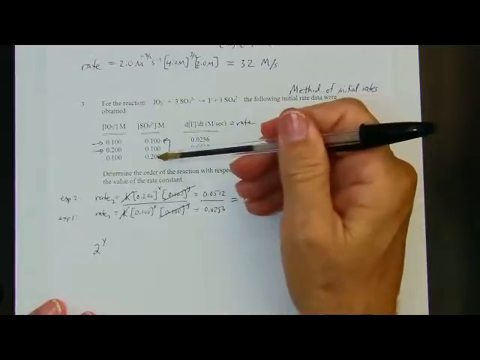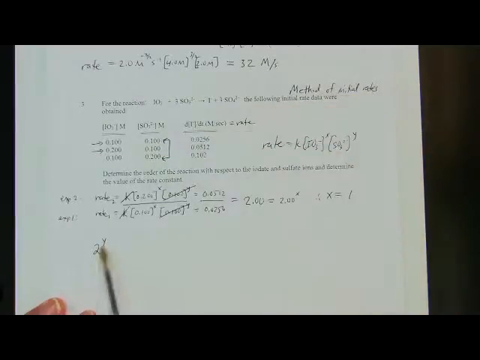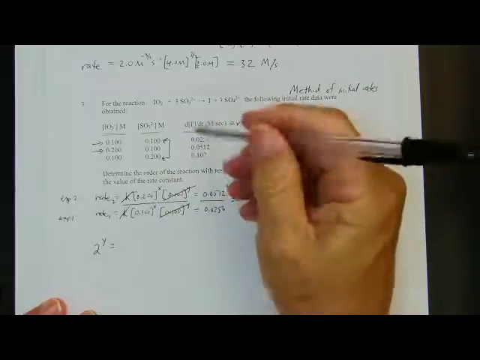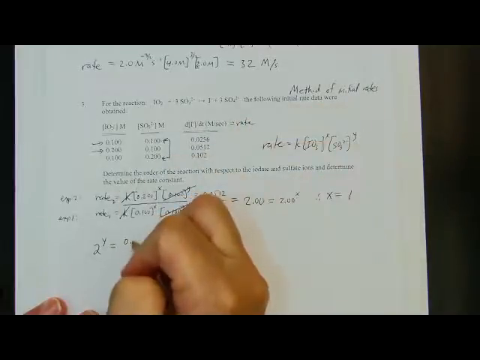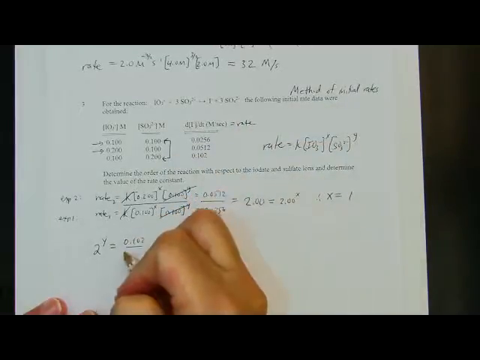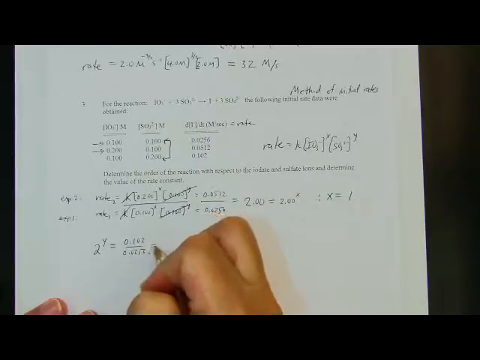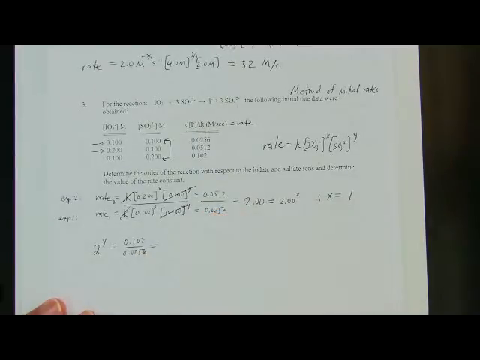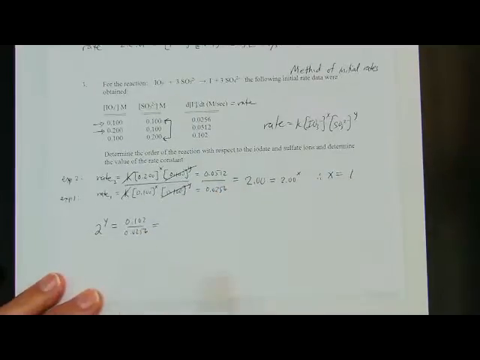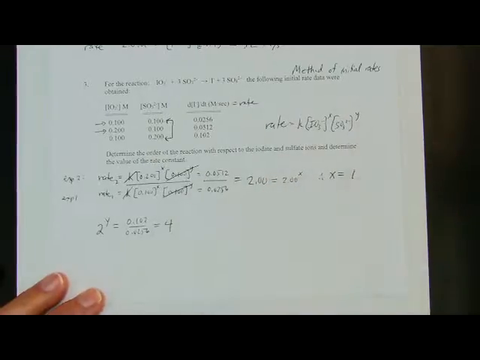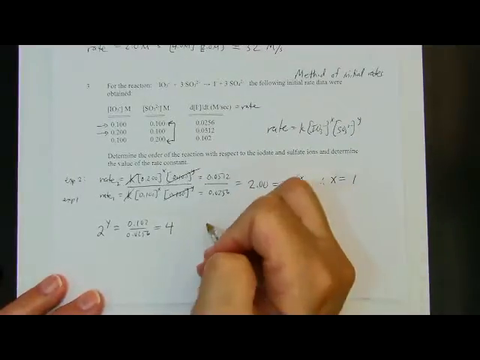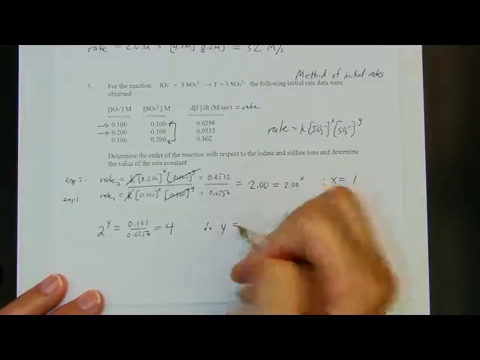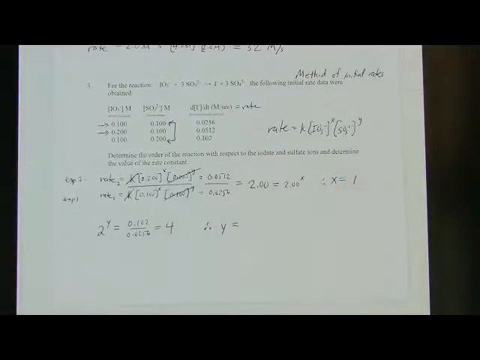So the ratio here is 0.2 to 0.1, so that becomes 2 to the y is equal to the ratio of this, which is 0.102 divided by 0.0256, and that is equal to 4. All right, so therefore, the value of y is equal to what? 2. Is equal to 2.